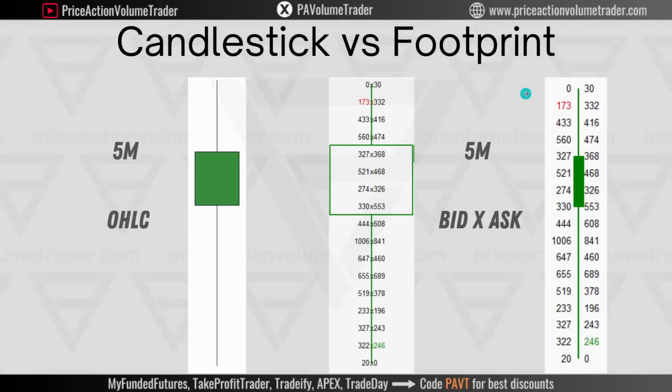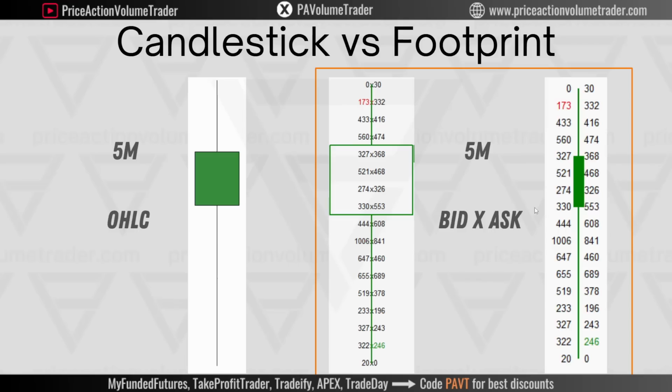So a footprint chart is almost like looking at an X-ray of what a regular candlestick chart is going to be. Okay, these 2 candlesticks are the same thing. They're just 2 different ways to represent footprint charts, and I just wanted to put both because you're going to see me using both throughout this presentation.